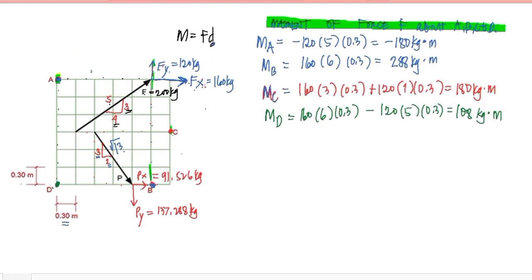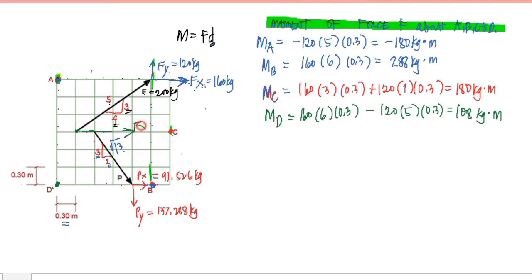Okay, so another solution for this is, what if we place our components at the tail instead of at the head? So, let's try. And of course, this will also give you the same answer.